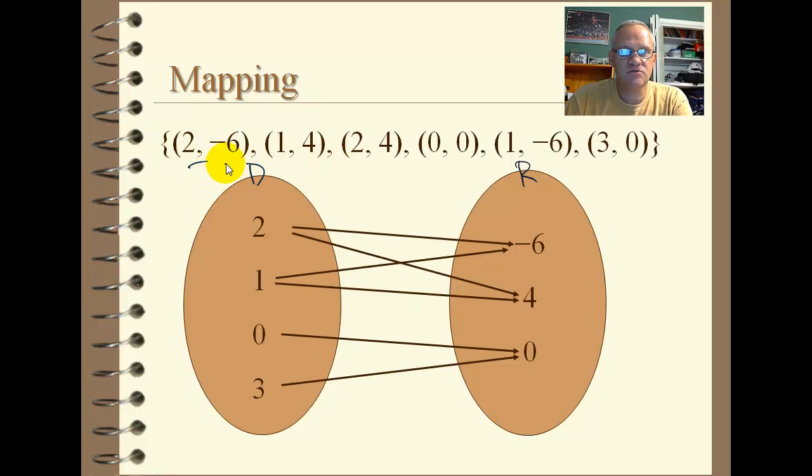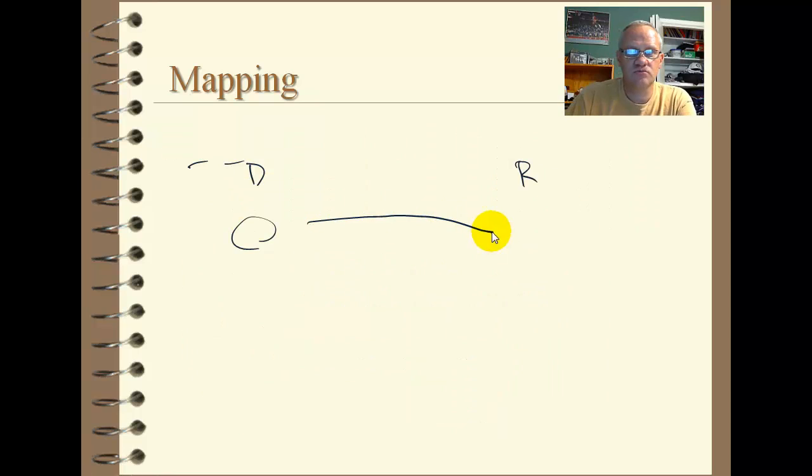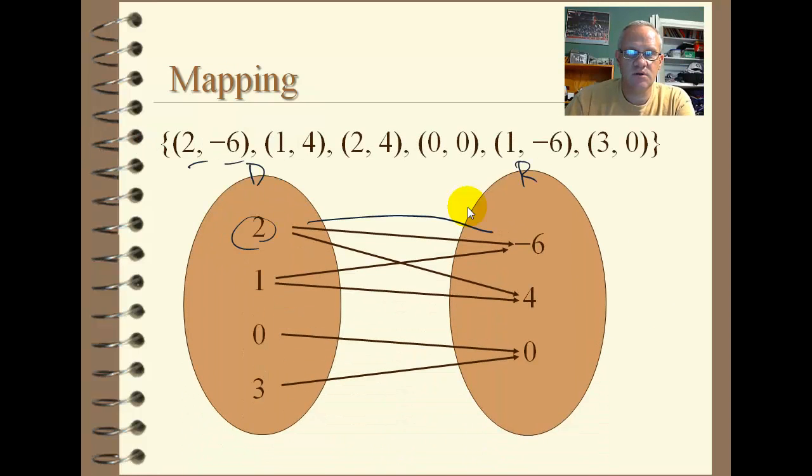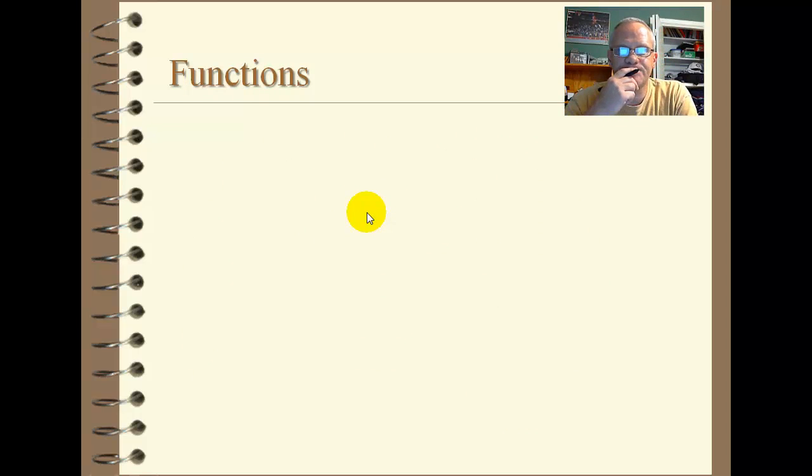So here, 2 and -6 went together, so I drew a line from 2 to -6. And then like for example, here's 2 and 4, so I do from 2 to 4. So you just draw the arrows to match up the x's and y's there.